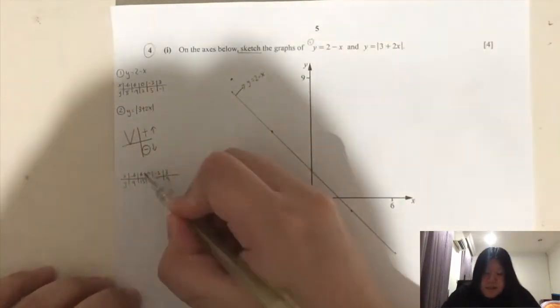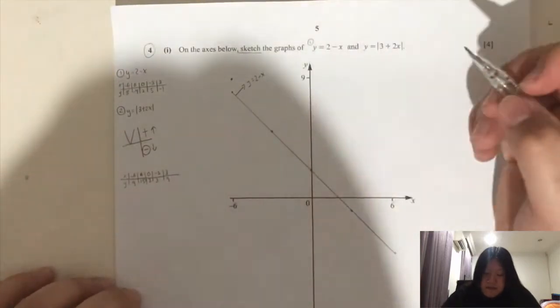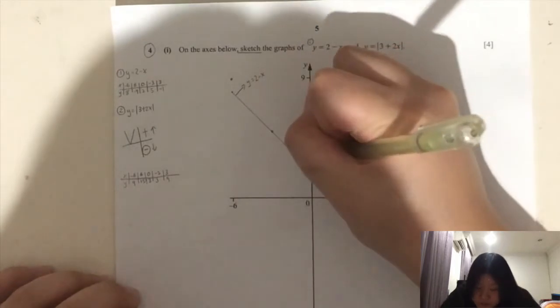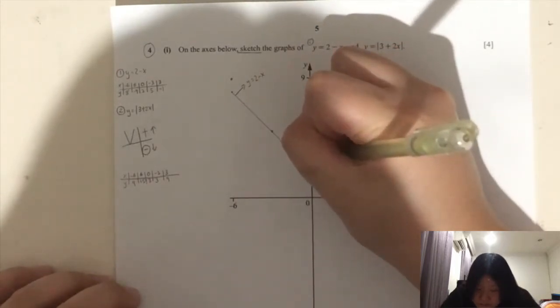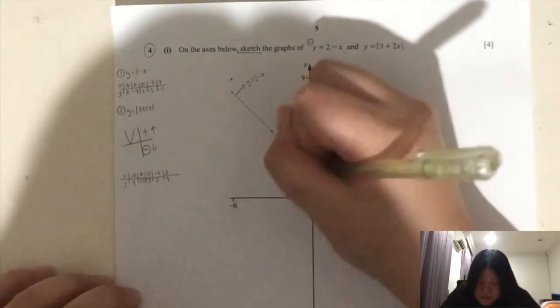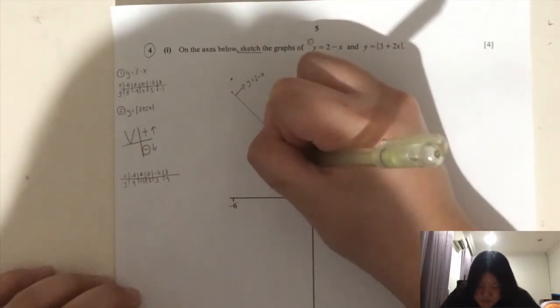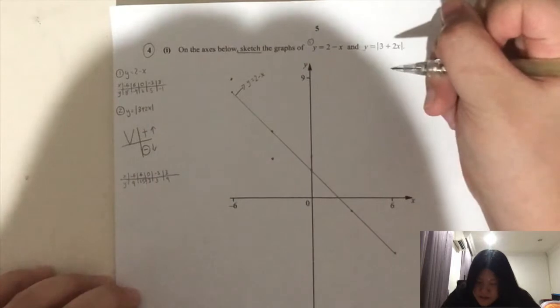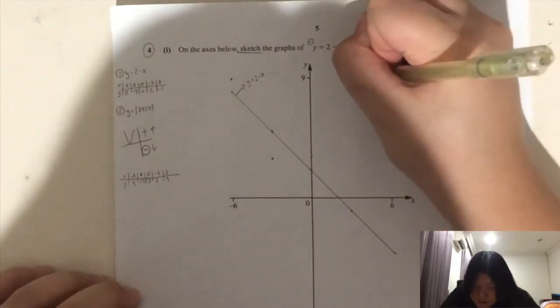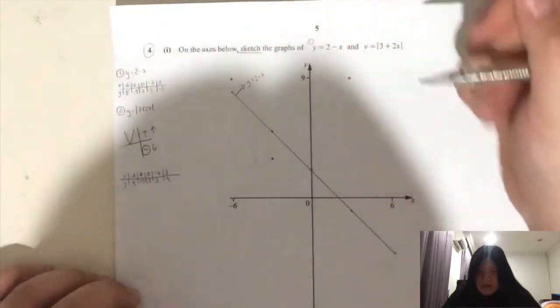So we skip 6 and 15. Next, we're going to 0, 3. 0, 3 is around here. -3, 3 around here. And then 3, 9 around here. And now we'll be connecting.